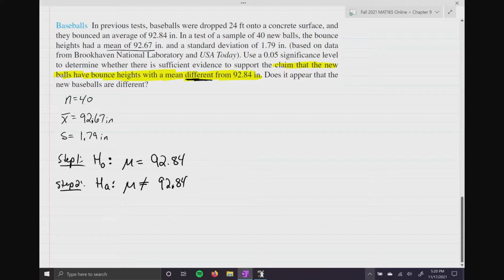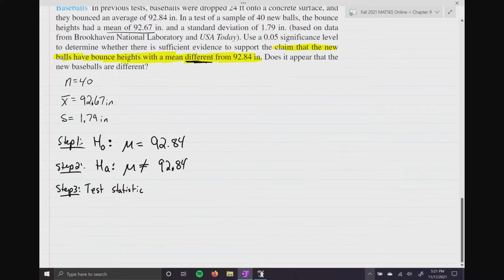Now, step 3. We're going to calculate our test statistic. And notice with this example, you can see just how much more condensed my information is, because now that we have an idea how to do this and we understand the process, this actually goes very quickly. Okay? So our test statistic Z is going to equal x bar minus mu all over s divided by the square root of n.